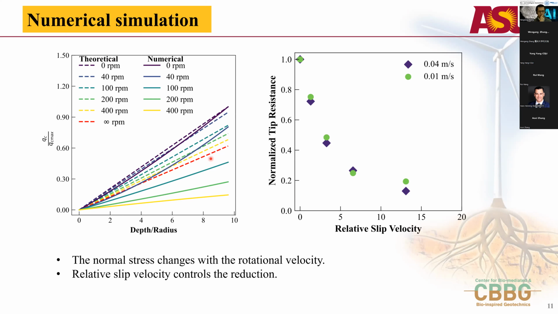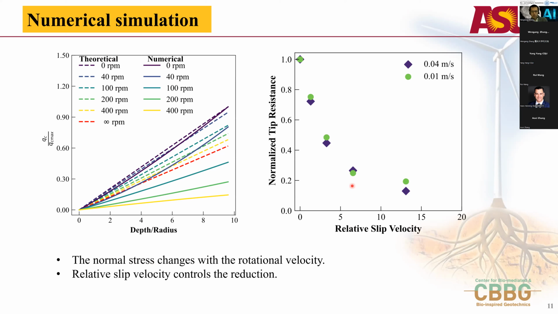Well, the normalized penetration resistance for the numerical rotational case is smaller than the theoretical result. So the result shows that the normal stress will change with the rotational velocity.